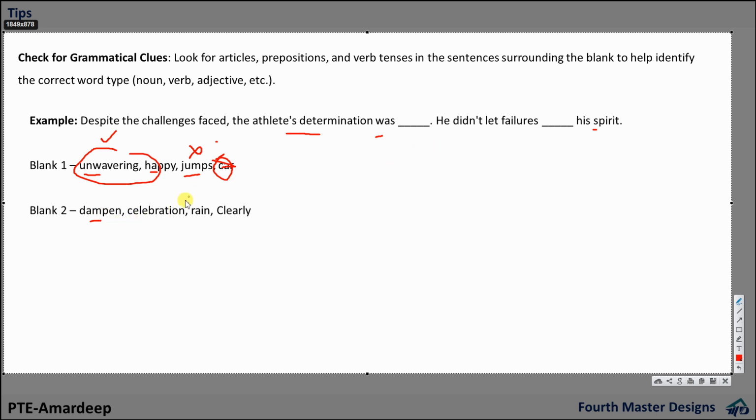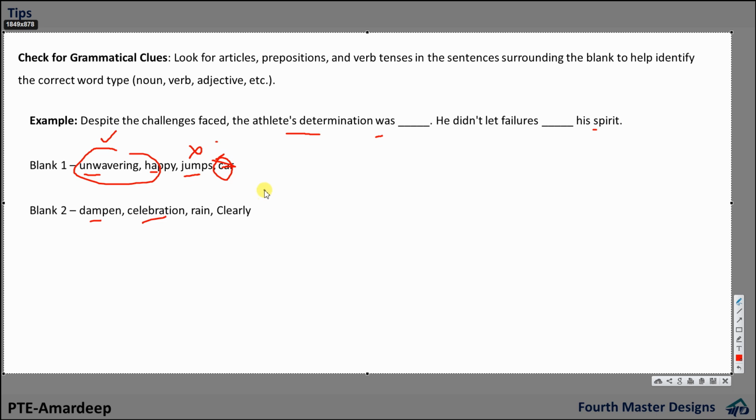He did not let failure celebrate. Now, I need some kind of verb here. If I have to say he did not let failures reduce his spirit, celebrate is incorrect. Celebration also doesn't fit at all. This is a noun here, so it doesn't fit.